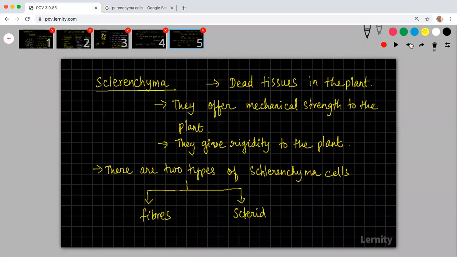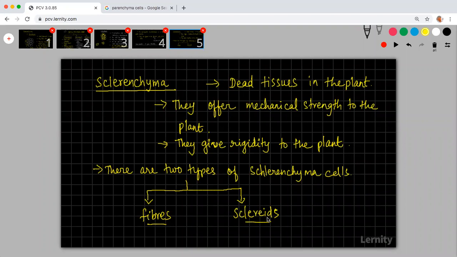Just a second. This is the spelling. You have fibers and you have sclerites. The fibers as well as sclerites, these are the two types. First, you copy this thing down.